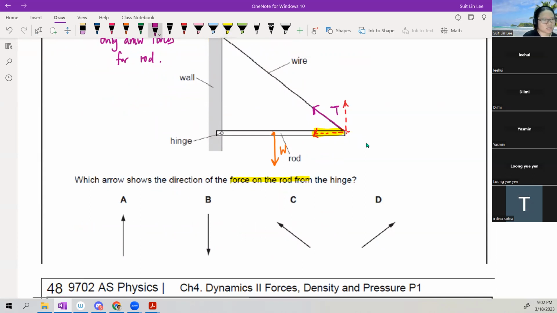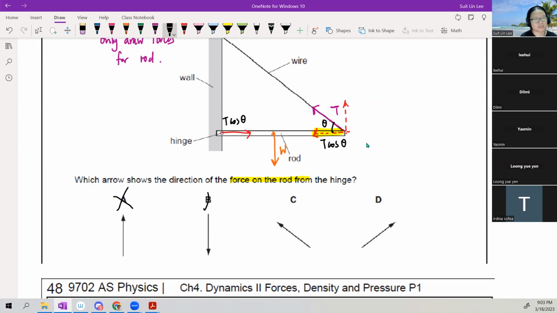So which means the hinge will need a force in this direction to balance off the other one. Okay, so I'll write that down. I am just going to put this one as theta, okay? So this will be T cos theta, right beside the angle. So this one would also be T cos theta, so that it balances. Meaning I must have a force that is pointing from left to right.